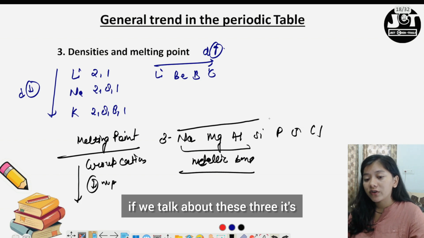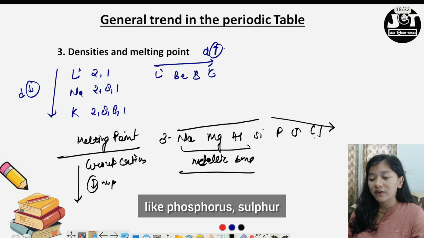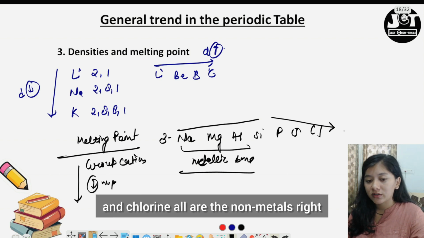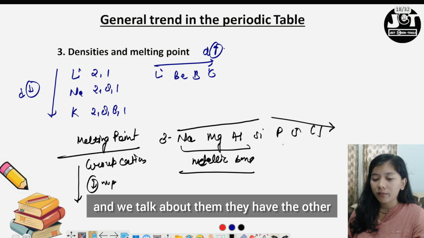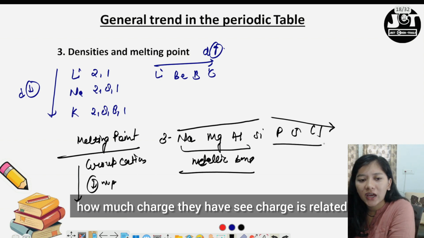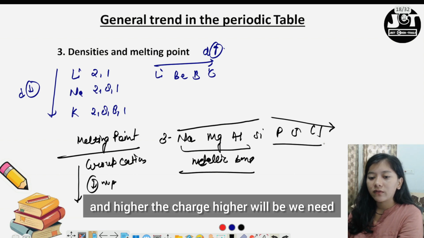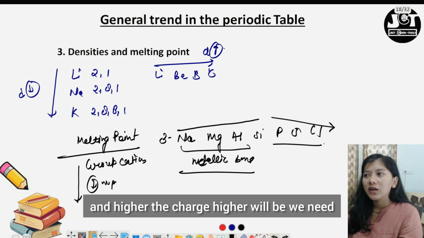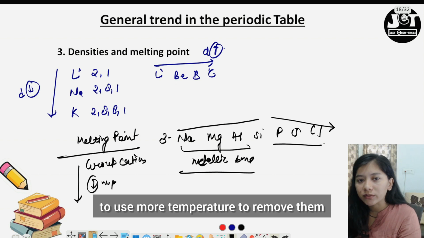In the same way, if we talk about phosphorus, sulfur and chlorine, all are non-metals, right? And they have another factor, how much charge they have. See, charge is related to polarity, right? And the higher the charge, the more temperature we need to use to separate them.